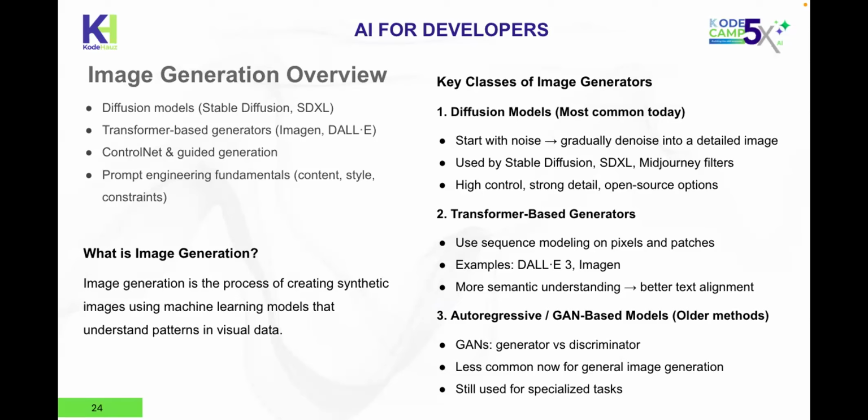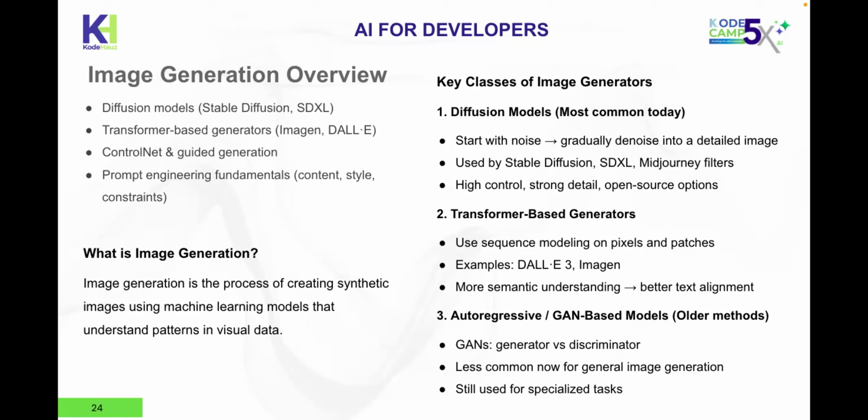So there's a high control factor, strong detail. It can come up with a lot of really great detail, right? And then there are open source options. There are a lot of diffusion models that have been open sourced that you can basically access. Hugging Face is another good place where you can see a lot of image generation models. So that's the first category.